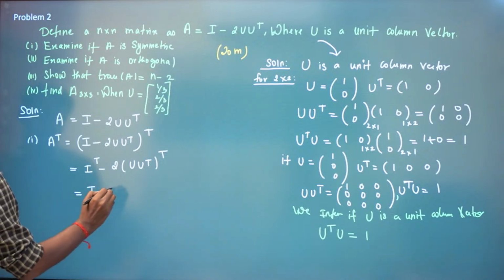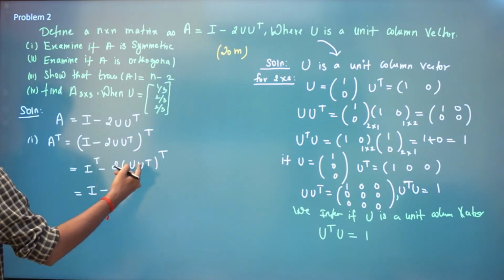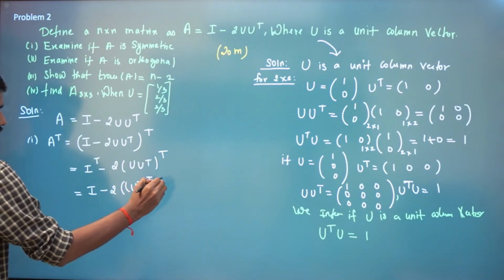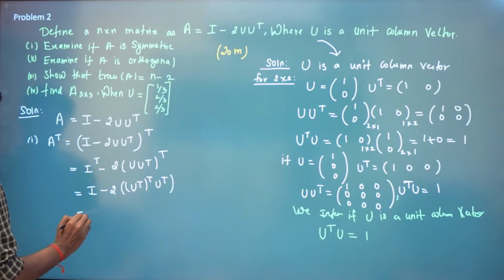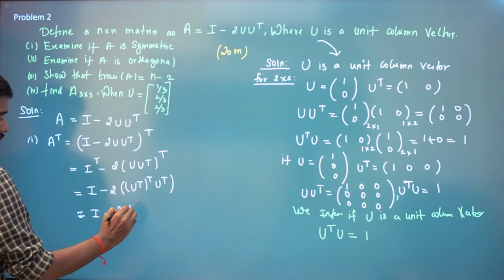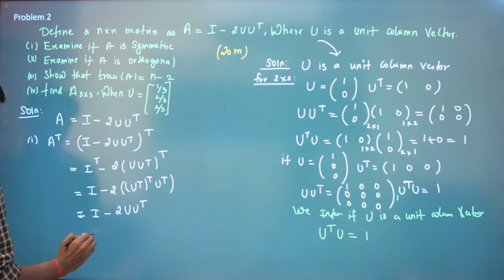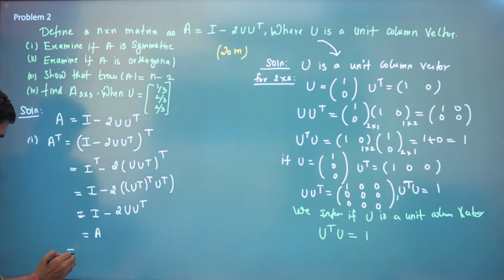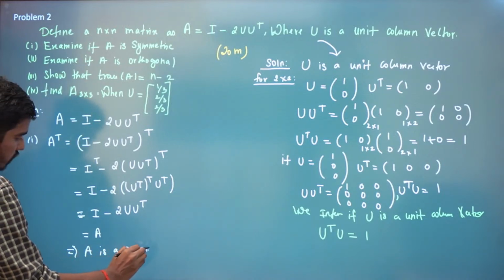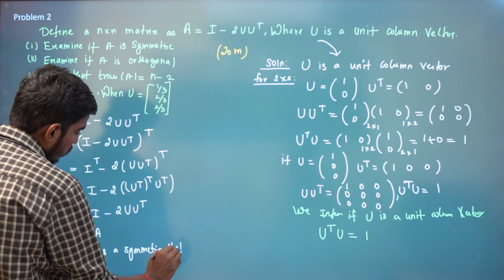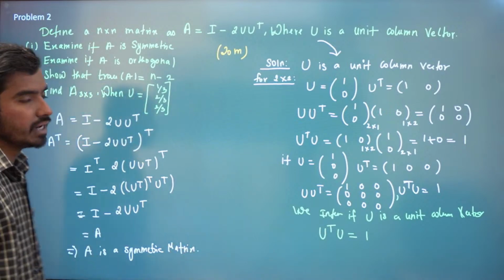I transpose is the same as I. And AB whole transpose is the same as B transpose A transpose, so u transpose transpose is u, giving u into u transpose, which is equal to A again. So A transpose turns out to be A. This implies A is a symmetric matrix. The A which you defined as I minus 2 u u transpose is a symmetric matrix.